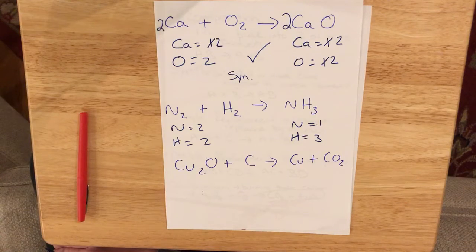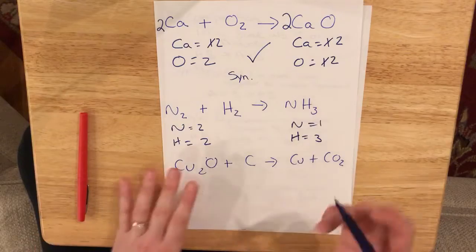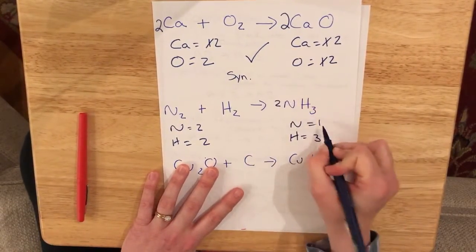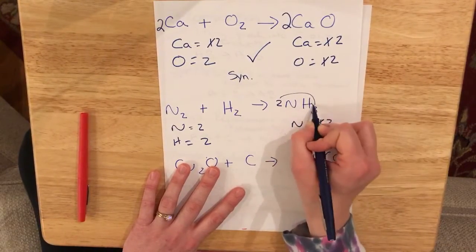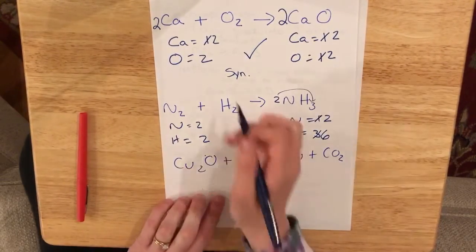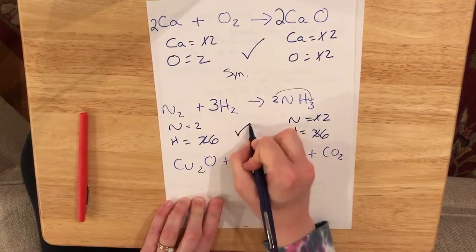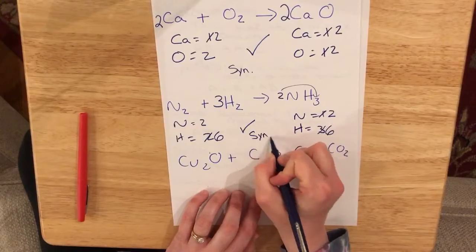I need to think about having 6's to make something get a 6. So I want to put a 2 here, and that's going to give me 2 nitrogens. 2 times 3 is 6 hydrogens. And so how can I get 6 hydrogens over here? I can put a 3 there. 3 times 2 is 6. I already had 2 nitrogens, so that's balanced. Once again, 2 things came together to make 1, so that would be synthesis.